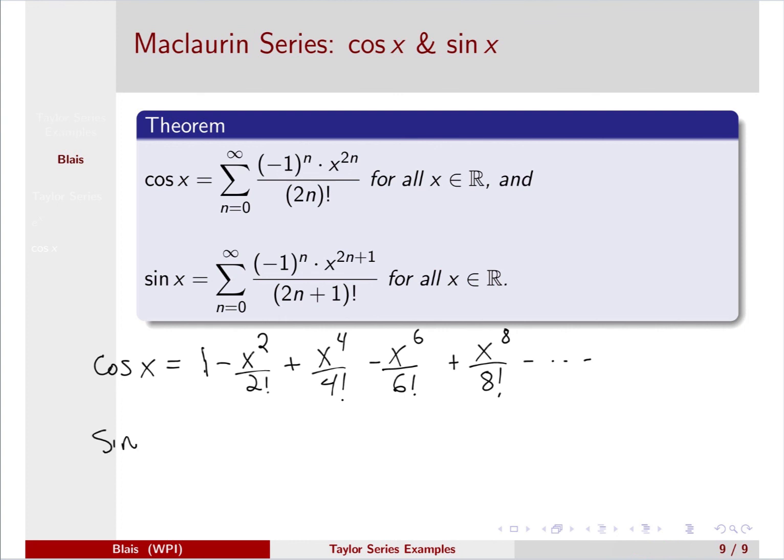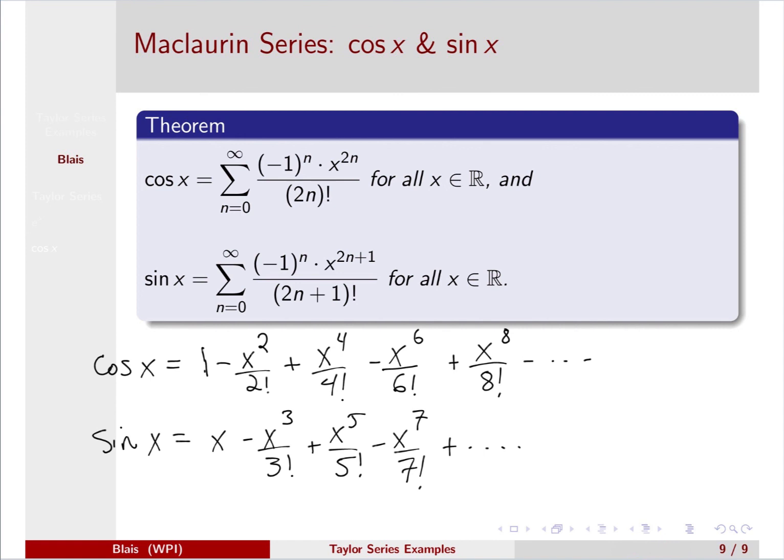And sine of x picks up the odd indexed terms. x minus x cubed over 3 factorial plus x to the 5th over 5 factorial minus x to the 7th over 7 factorial, so on and so forth.